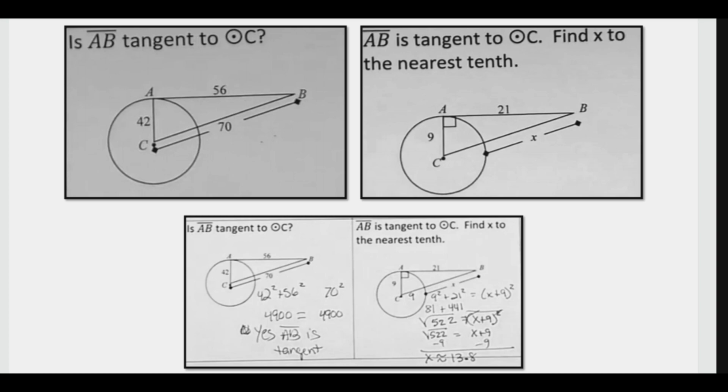By that, we can now have the equation 9 squared plus 21 squared is equal to x plus 9 squared. Simplifying, 81 plus 441 is equal to x plus 9 squared. Taking the square root of both sides and subtracting 9 from both sides, the answer will be x is approximately equal to 13.8.